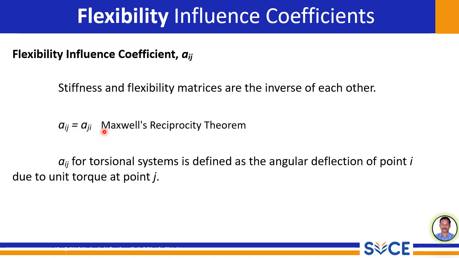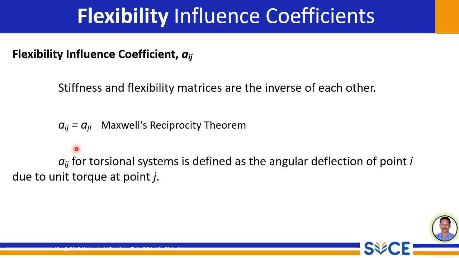Conversely, if we know the flexibility matrix, we can find the stiffness matrix by inverting it. This inverse relationship is quite useful as it allows us to move between two representations depending on which might be easier to determine for a given system or which is more convenient for a particular analysis.